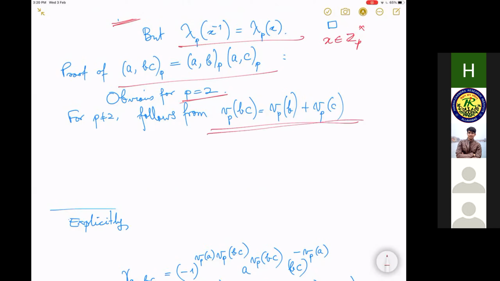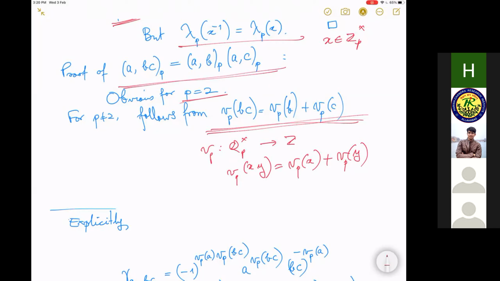So v_p, for example, is a homomorphism from Q_p star to Z. It sends v_p(xy) to v_p(x) plus v_p(y). Okay, maybe that's what I've written. So similarly, the other quadratic characters are actually homomorphisms, and that is why this multiplicativity holds.